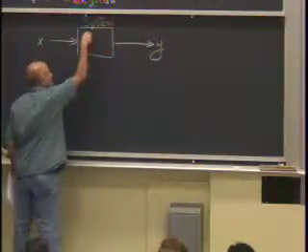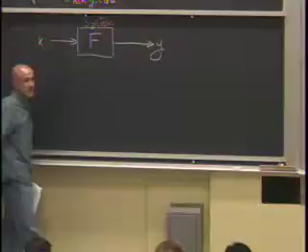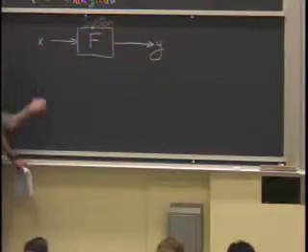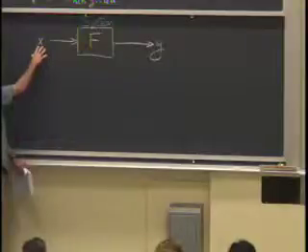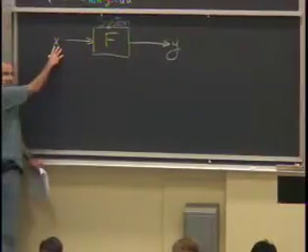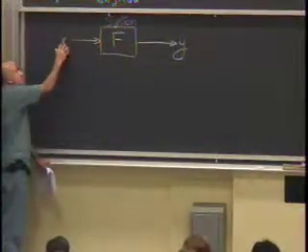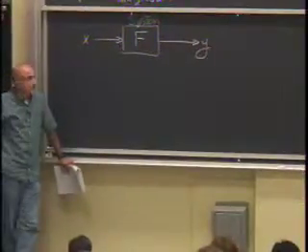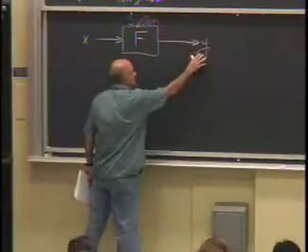We usually give it a name. Let's call it F, to which we apply a signal, and this signal may be a scalar valued signal or a vector valued signal. In this class, we usually talk about a scalar valued signal. So x is some function, and y is some function.